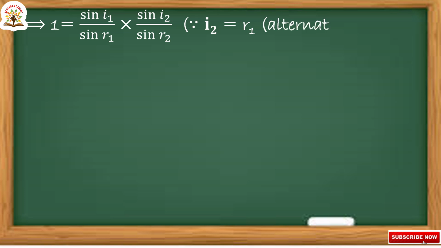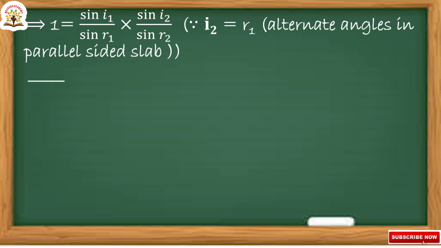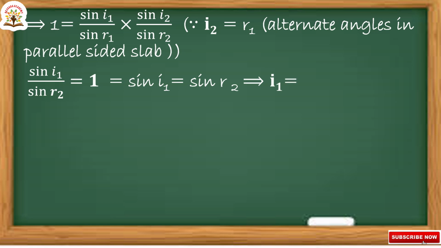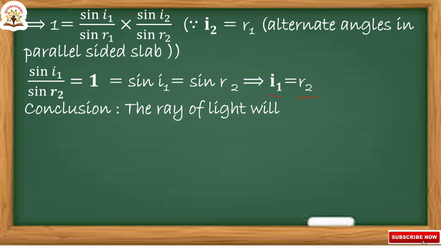Now from this diagram, I2 and R1 are alternate angles in the parallel sided slab. So sin I1 by sin R2 is equal to 1. So that is sin I1 equals sin R2. So that implies I1 is equal to R2.